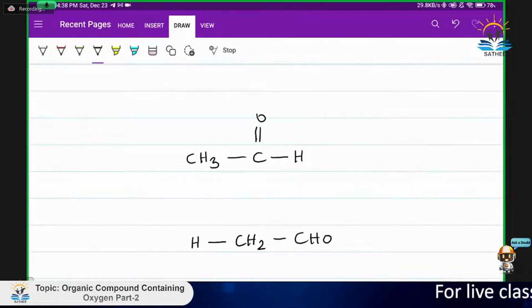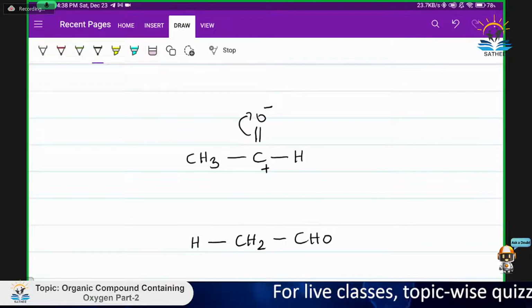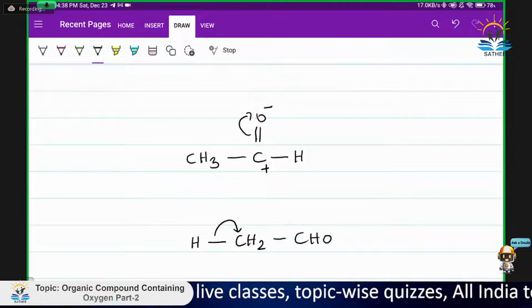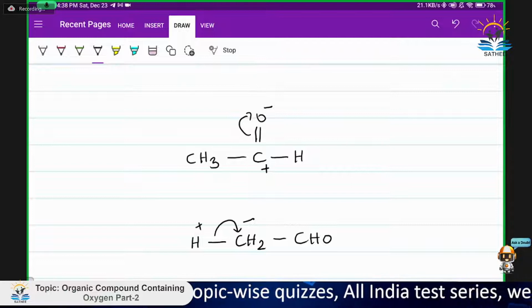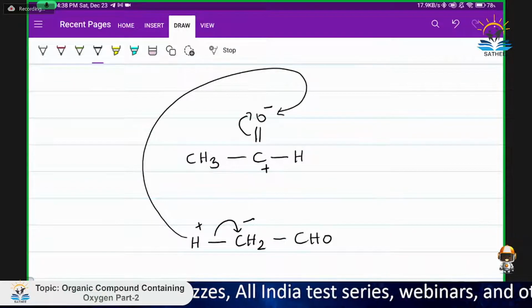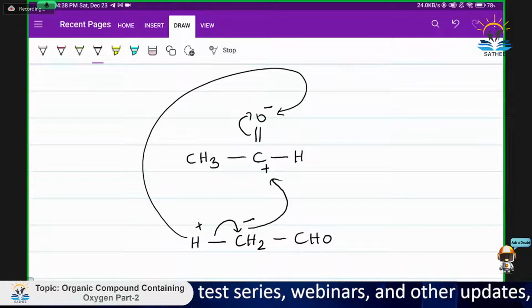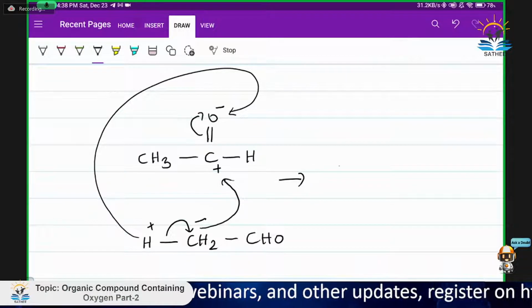To form the product, we will simply polarize the CO bond. Oxygen will have a negative charge, carbon will get positive charge. Here also same. This bond will be shifted here. So carbon will get negative charge, hydrogen will get positive charge. And this hydrogen will go and react with this negatively charged oxygen, and this negatively charged carbon will attach to positively charged carbon here.